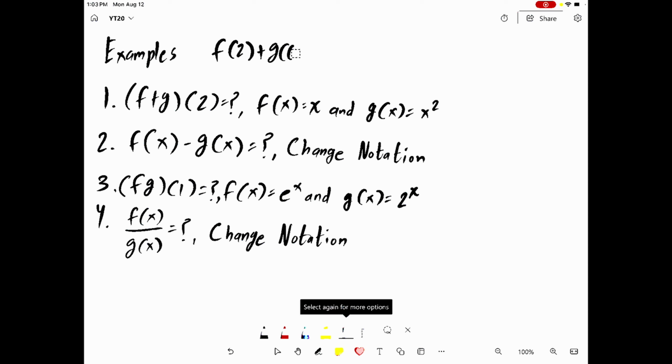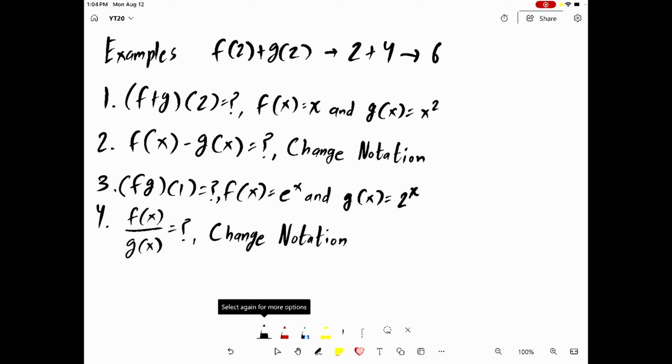What we have to do is make sure that we substitute 2 into both f of x and g of x. So that would be 2 plus 2 squared, which is 4, and that's equal to 6. That's the answer to our first example.